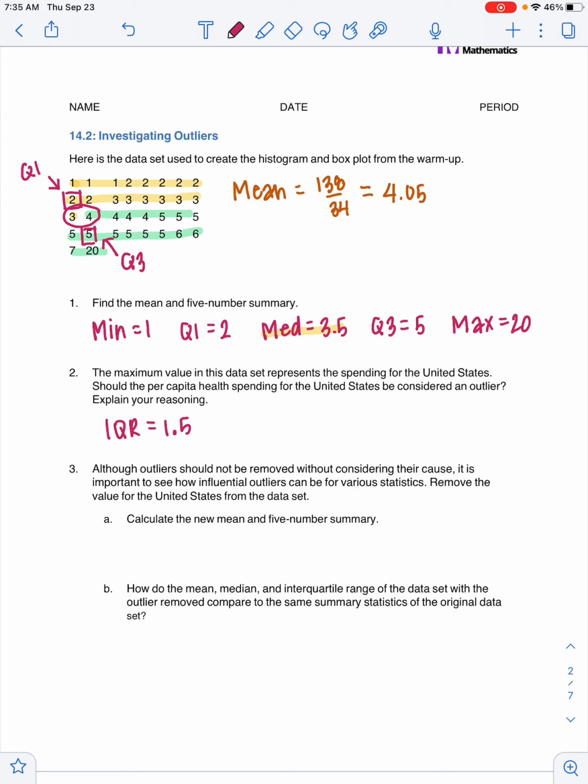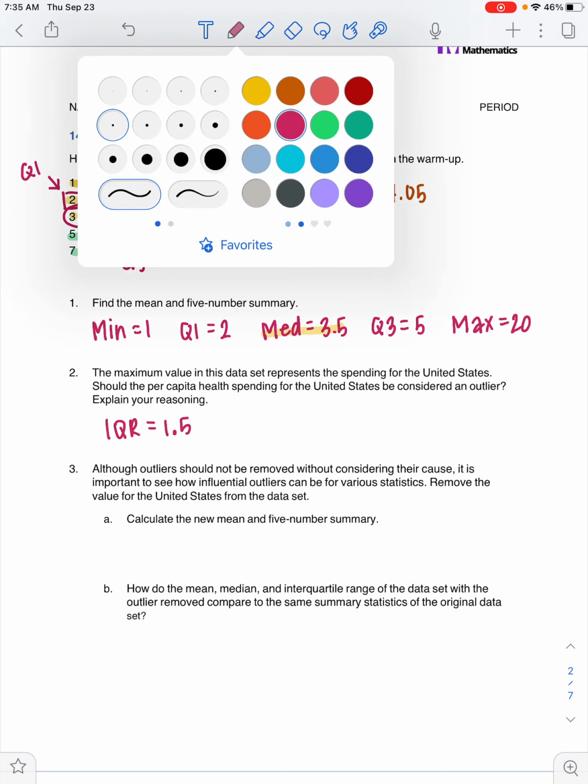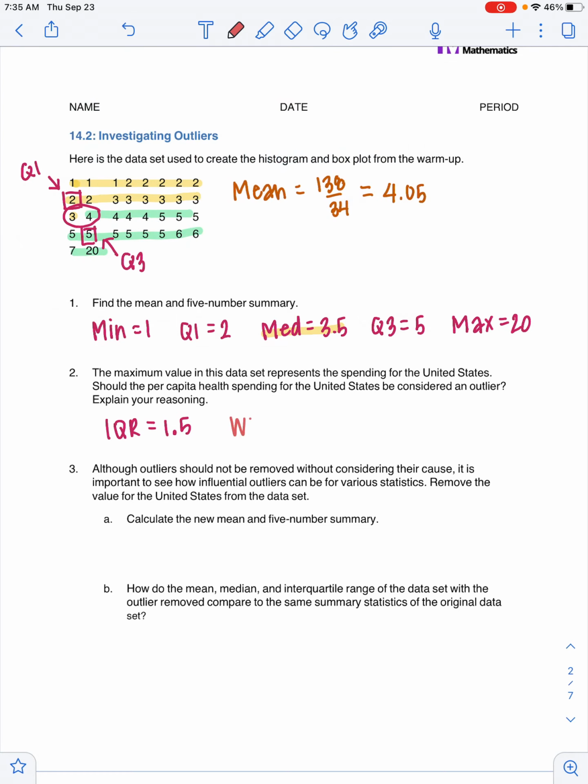And if we think about 1.5 times the IQR, we know that it is equal to 2.25.